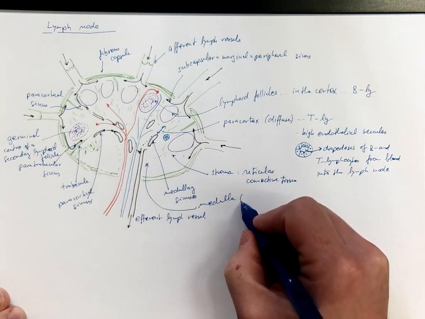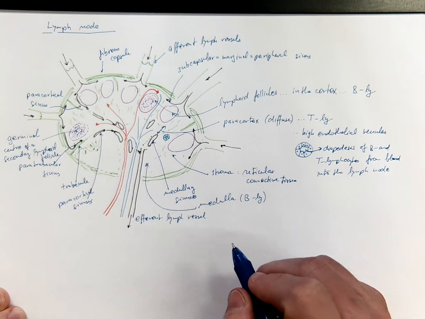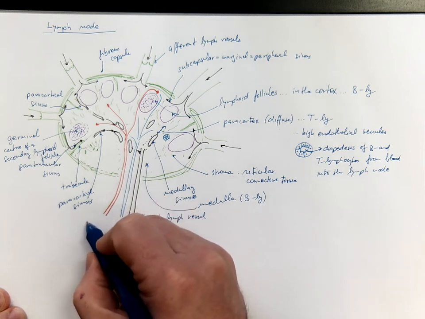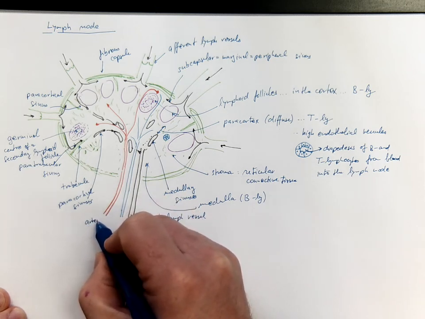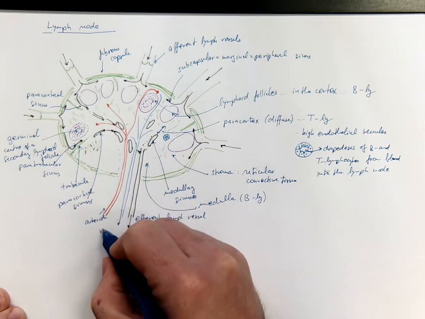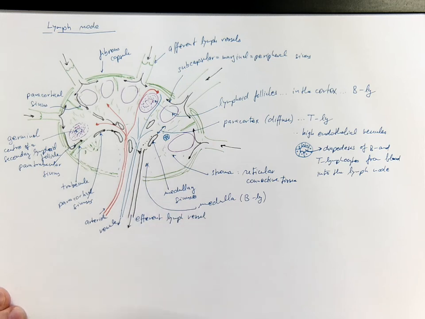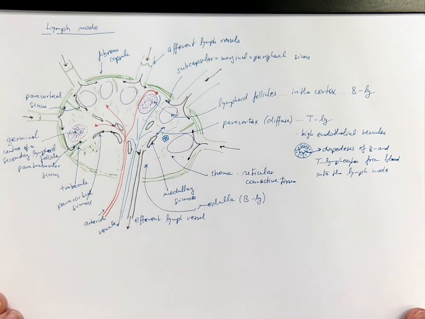It contains fewer lymphocytes, but these are mostly B lymphocytes. This will be the arteriole, bringing the blood in. This will be a venule, draining the blood away. And that's the simplified scheme of a lymph node.